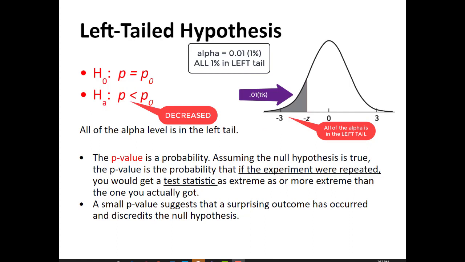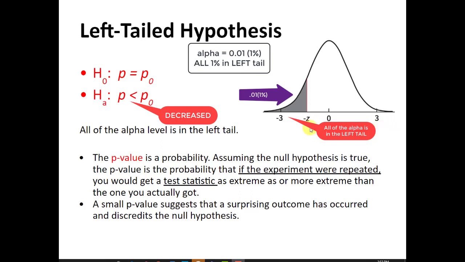So we're going to continue our discussion just using the 1% alpha. So we're just going to say that the significance level is 0.01, and I'm going to look at my table to find my Z-crit for my left one-tailed hypothesis test.